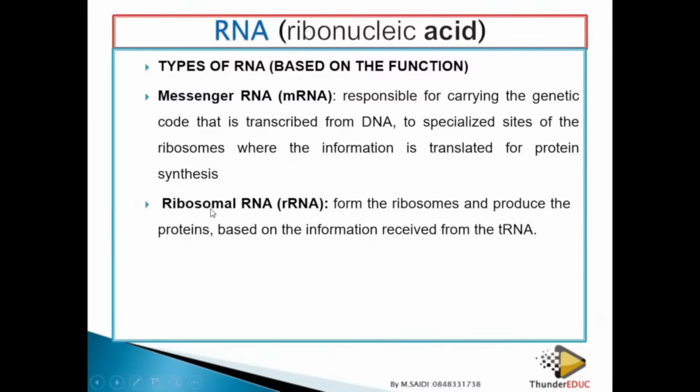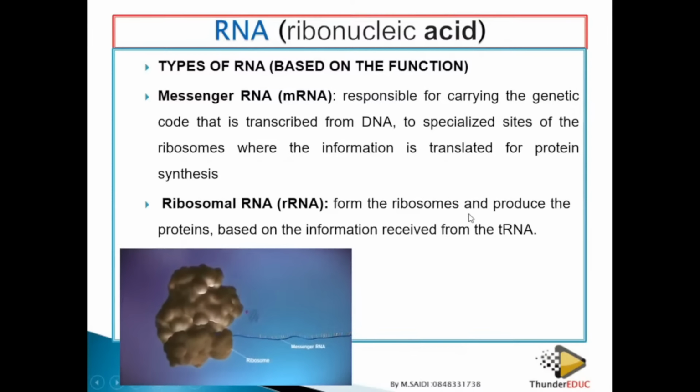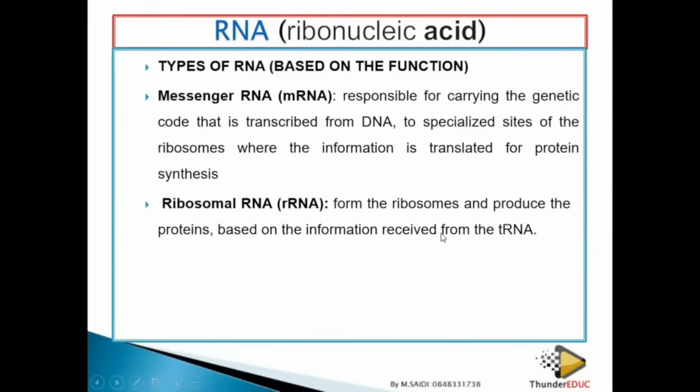It forms the skeleton of the ribosome. This one forms the ribosome and produces the proteins based on the information received from the transfer RNA. So the transfer RNA comes to the ribosome, and the ribosomal RNA is just the skeleton of the ribosome.